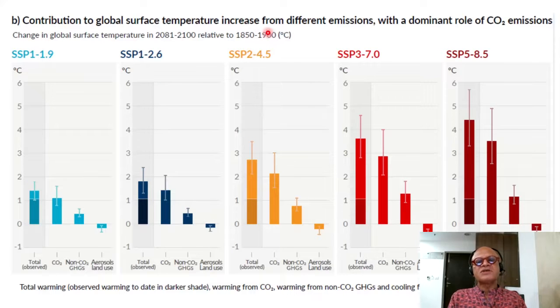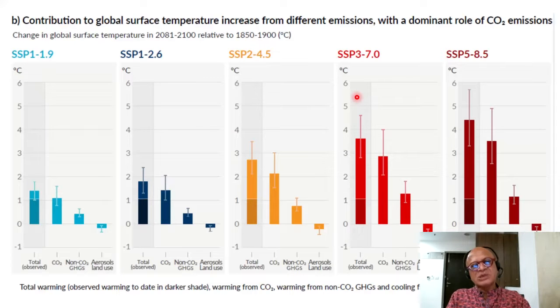Contribution to global surface temperature increase from different emissions with the dominant role for CO2 emissions in various SSP scenarios. So again, total observed and CO2, non-CO2 greenhouse gases and aerosol and land use for various scenarios here. So one has to be again very aware of where each of these will lead into the future.